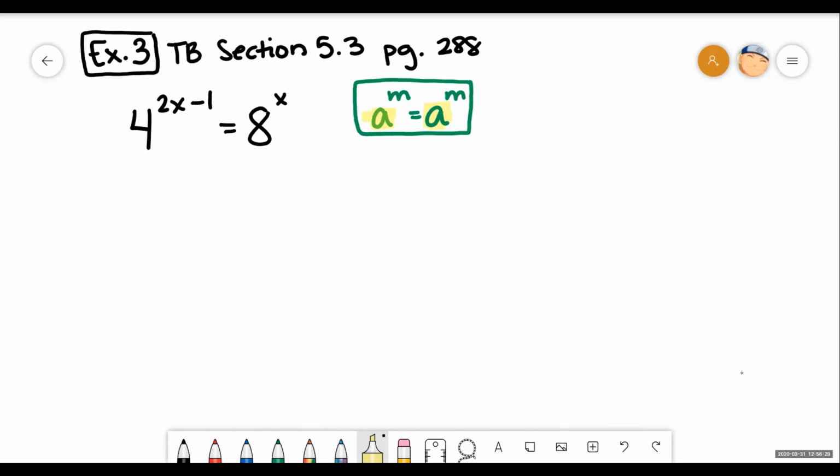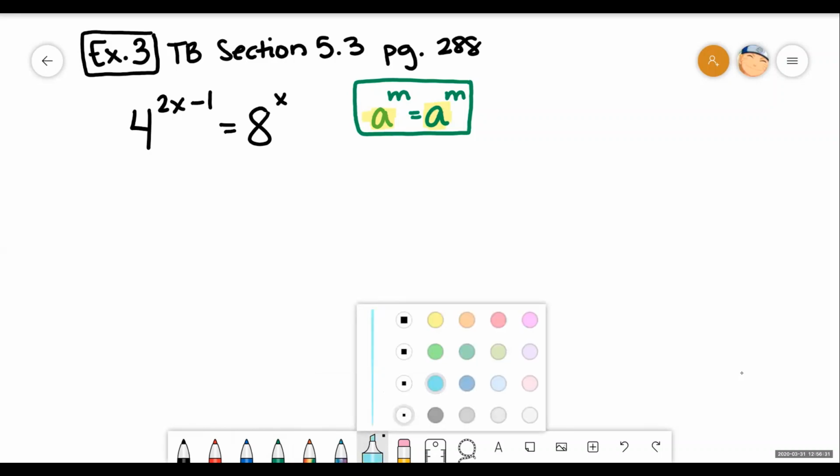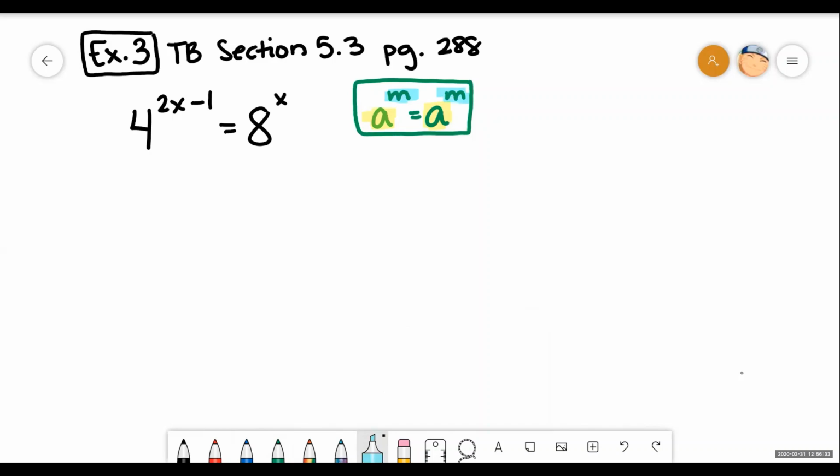That way our exponent values can be set equal to each other. Okay, so that's the goal, and that is not happening here. And so we have to think, let's look at the number 8. Is there a way for this base value to be a 4 and then have some exponent where it equals 8?